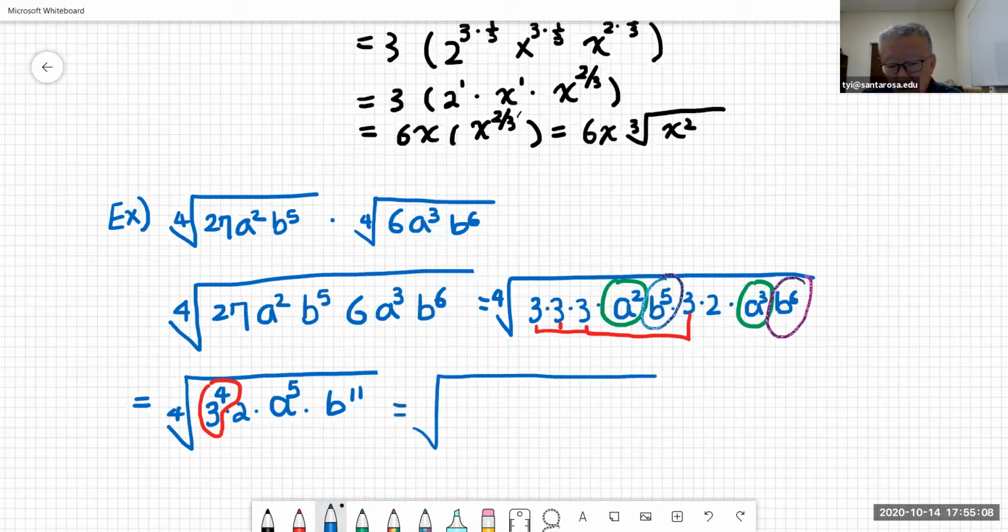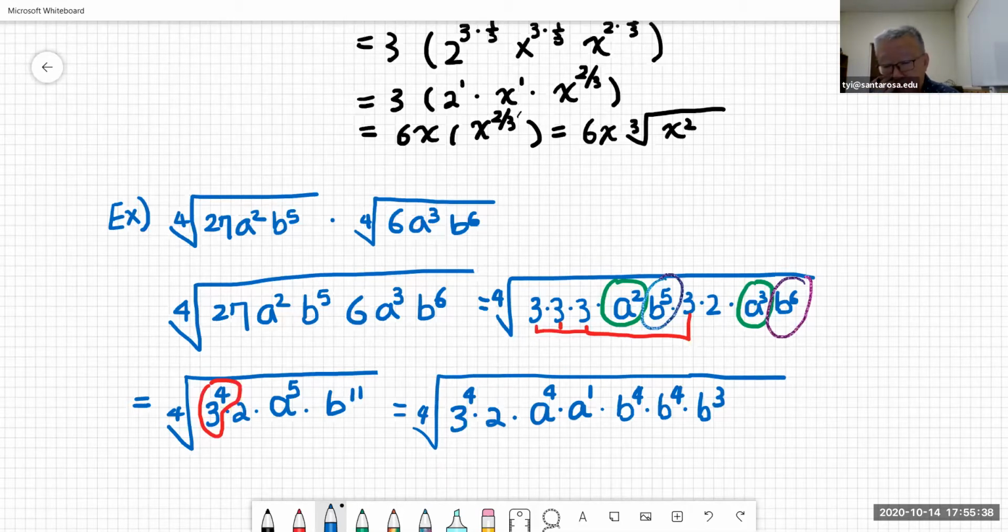So we still have 3 to the 4th times 2. Now a to the 5, I can rewrite as a to the 4th times a to the 1. And for the b, I can do b to the fourth, and b to the fourth, and b to the cube. Okay, because 4 plus 4 plus 3, you get 11.